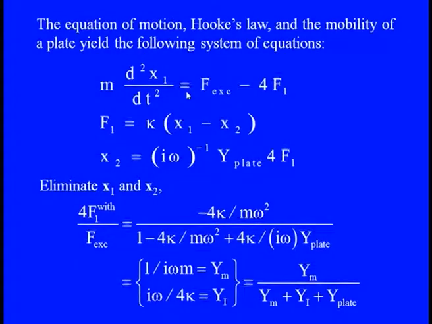And we already discussed that this is the yield feature of the plate, because we need to apply Hooke's law at that point. So it equals 1 by I omega m, which is Ym, or else I omega by 4K is equal to Yi.